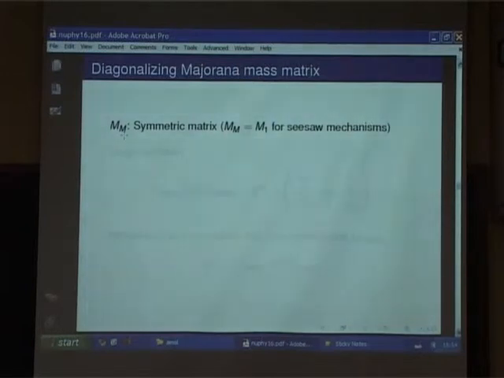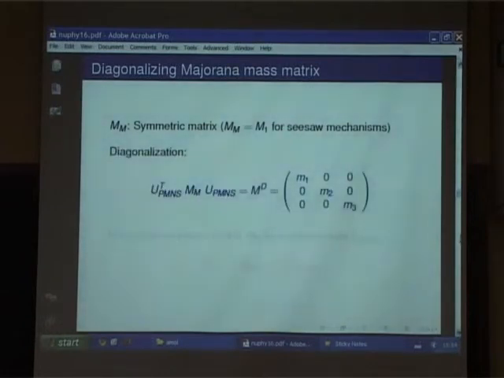Now we want to diagonalize this. How would you diagonalize this? Symmetric matrix, so you transpose it. You have to diagonalize this matrix by using our mixing matrix, which is called UPMNS.